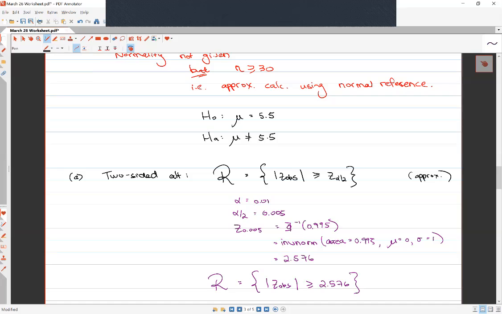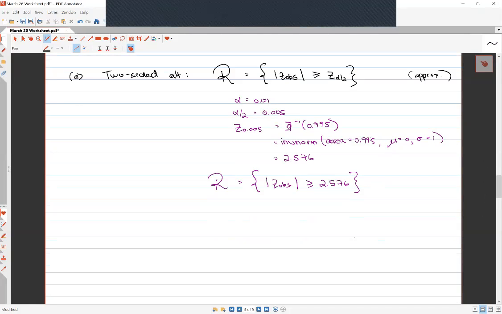Now, second part of the problem is asking us to calculate the p-value for the test. P-value requires that we first go and calculate the test statistic. So we need to calculate z observed. In this case, the formula would be x bar minus mu naught divided by s over square root of n.